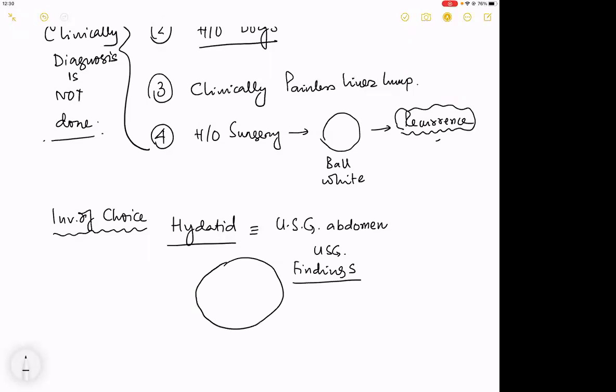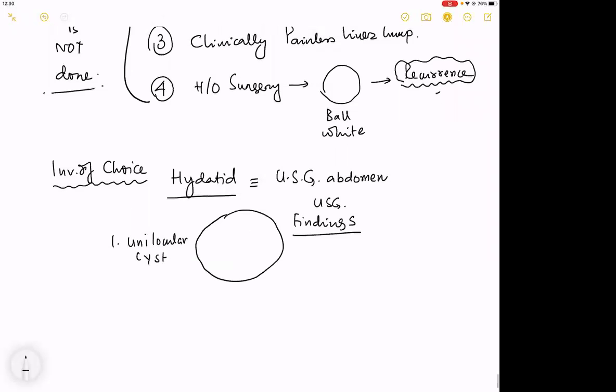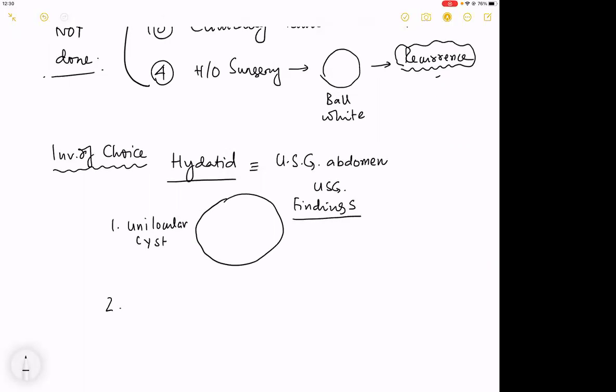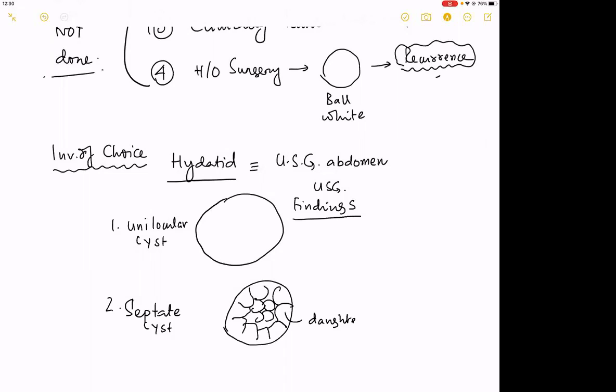Number 1, unilocular cyst. Number 2, which is not at all diagnostic of hydatid. Number 2, septate cyst. Like this, which shows daughter cyst. This is diagnostic.